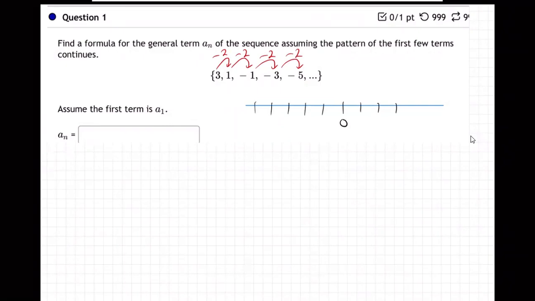So the numbers are right here at 3. And then the next one is at 1, and then at -1, and then at -3, and at -5. See how it's just jumping back by 2 every time? Every time it's a jump back of 2. All right, so anyway, it's going back by 2 every time.